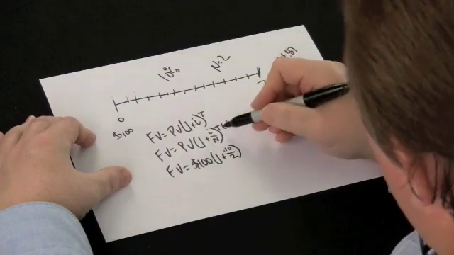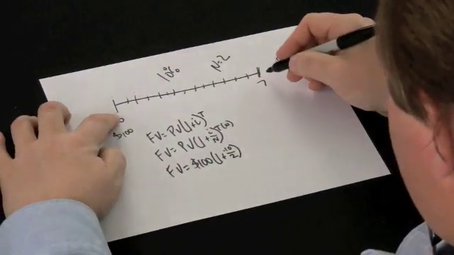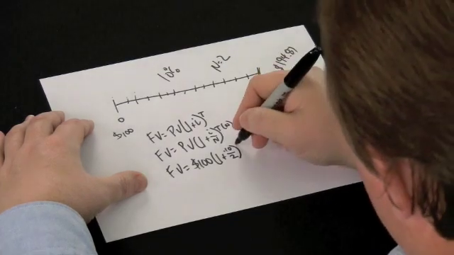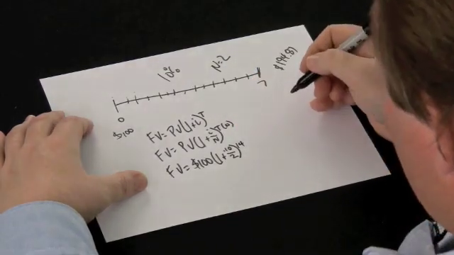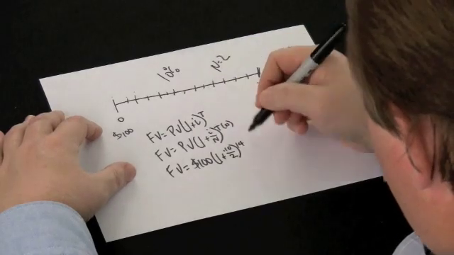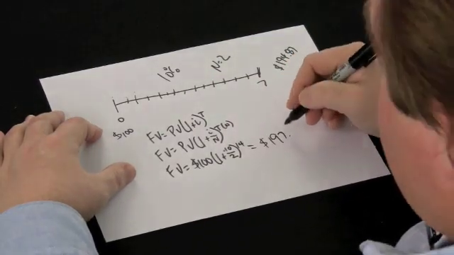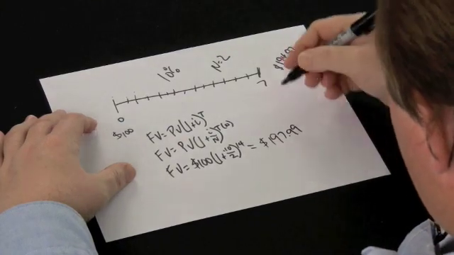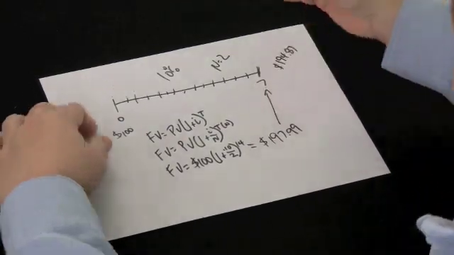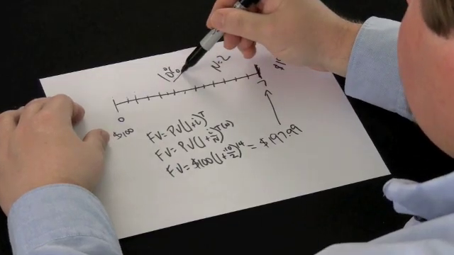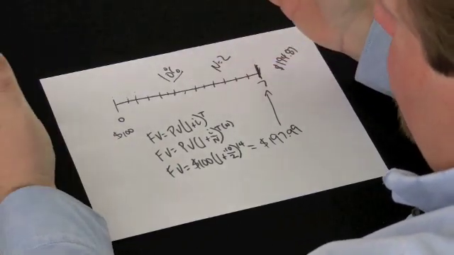And that's raised to the time periods, which is 7 years, multiplied by how many periods there are per year. So that's 14. So if we do this calculation, we find that the answer is $197.99. That is the amount that we would receive at the end of the 7th year if our 10% annual rate was compounded semi-annually or every 6 months.